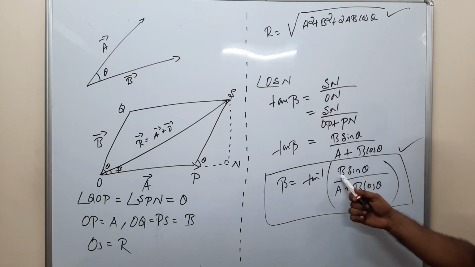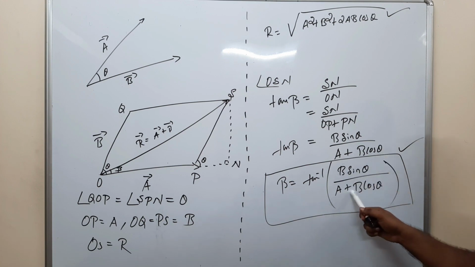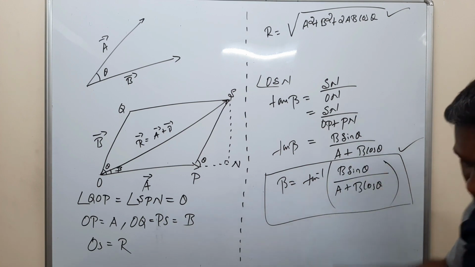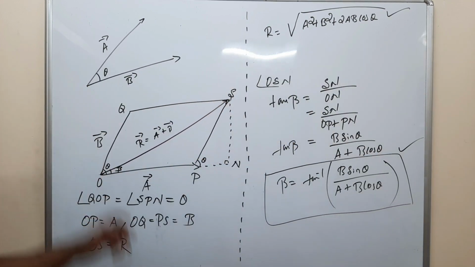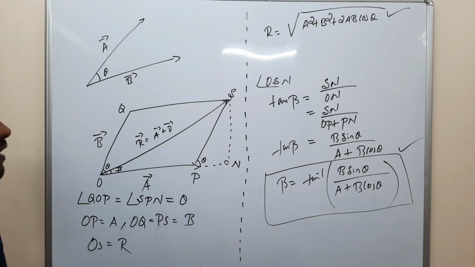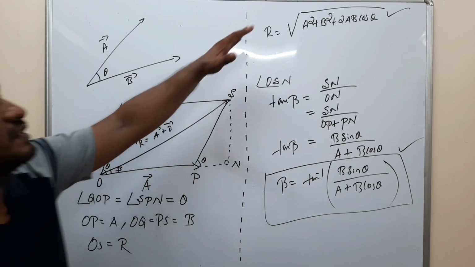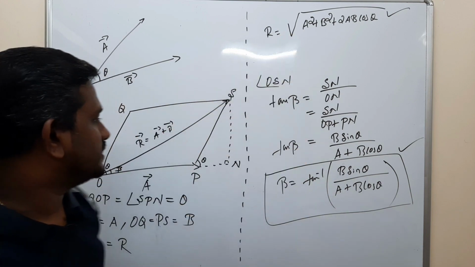Here b is the second vector, so b sine of the angle of inclination over a plus b cos of the angle of inclination gives the direction of the resultant vector according to the parallelogram law of vectors.